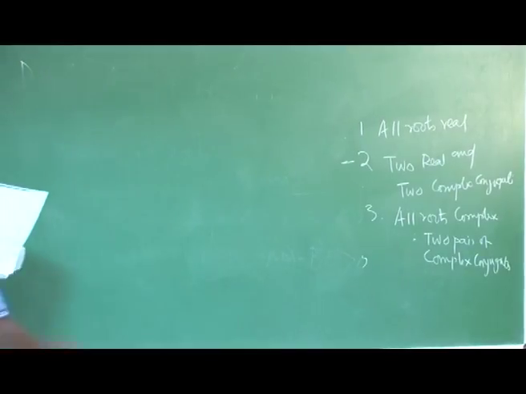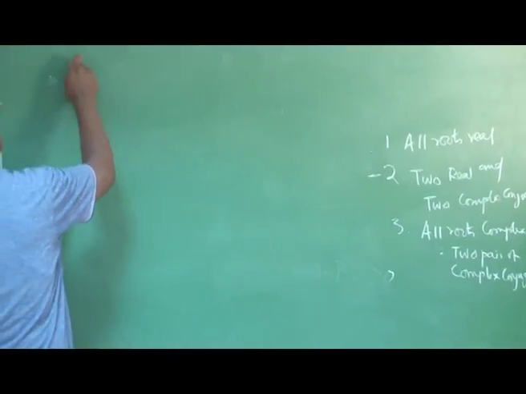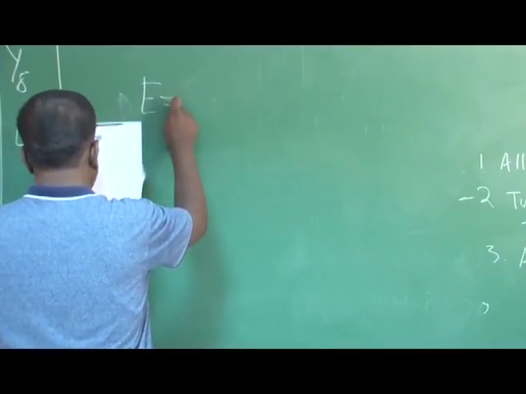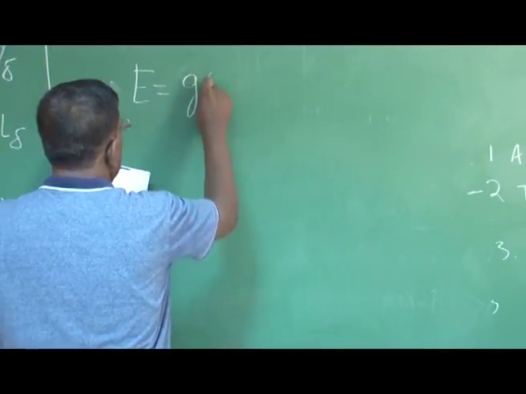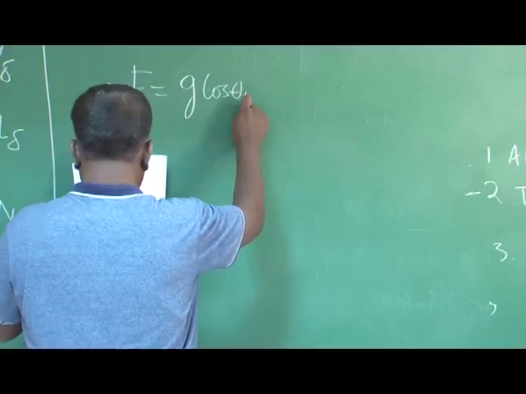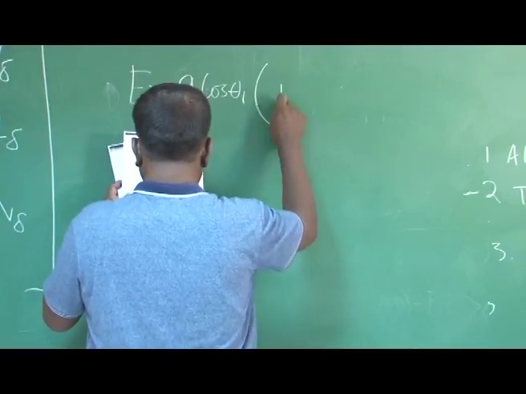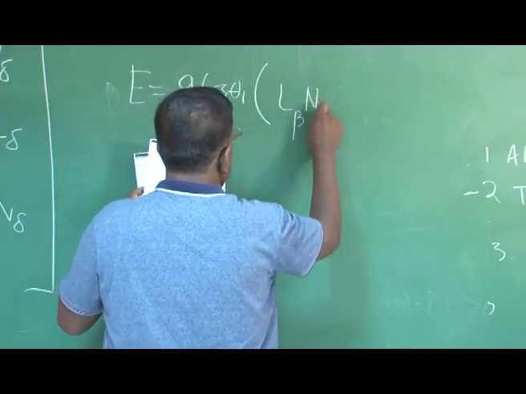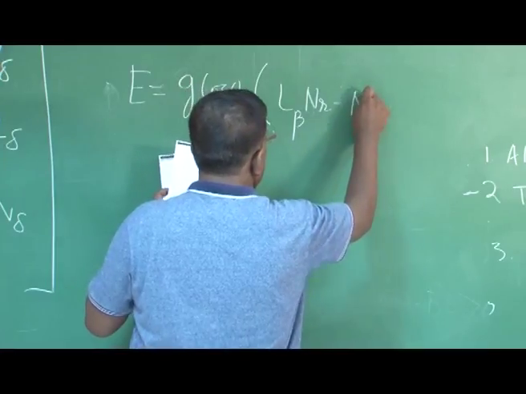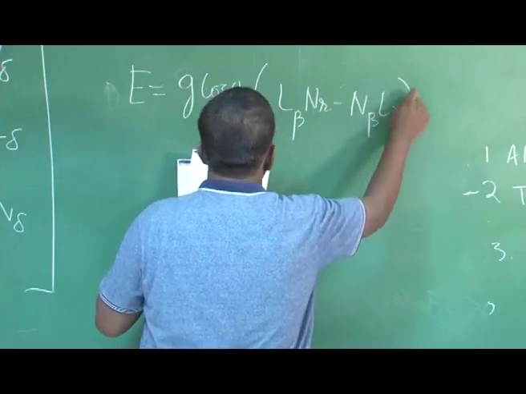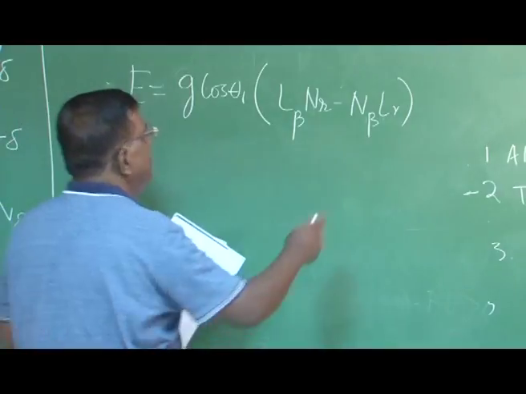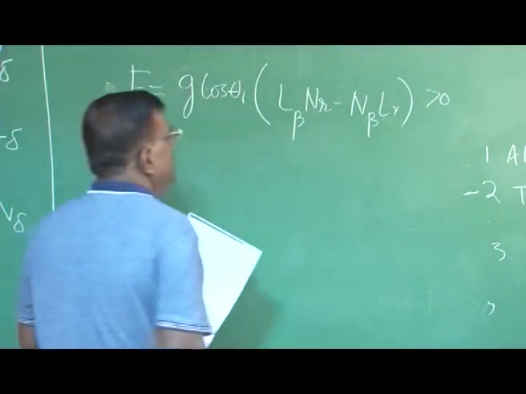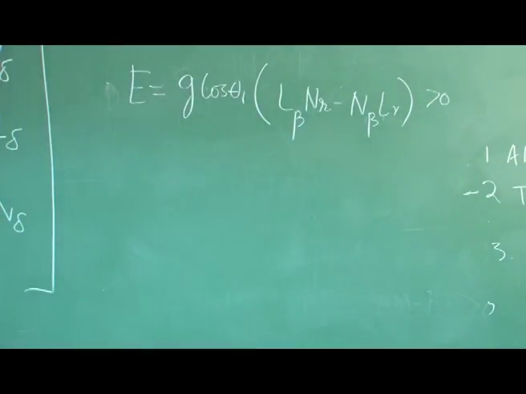And if I give a closer look at E, where E is g cos theta 1 into L beta Nr minus N beta Lr, this has to be greater than 0 for satisfying the dynamic stability criteria.